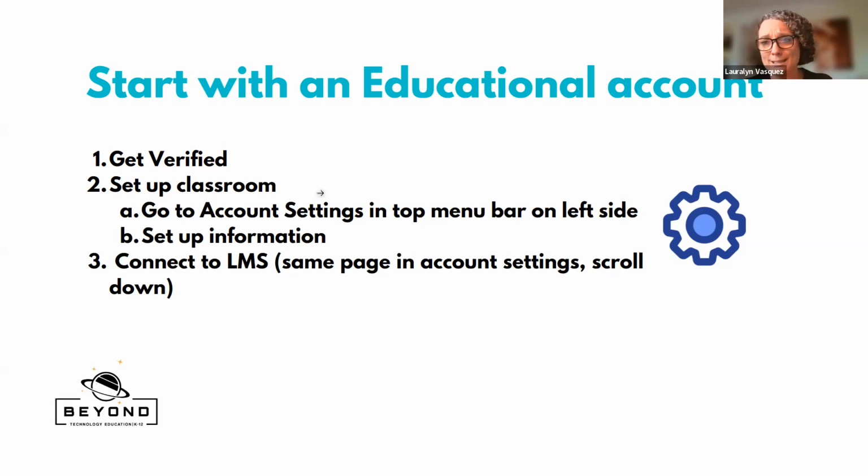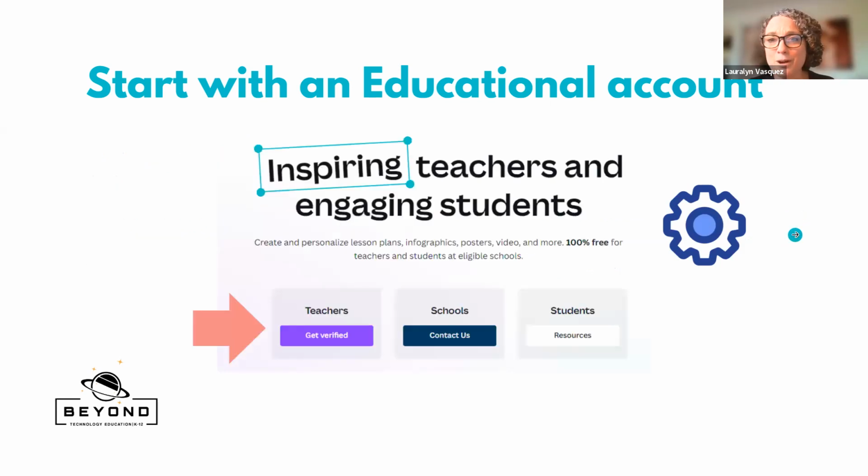You're going to go to account settings at the top and do that, and then connect to your LMS that you have. And that's one of the beauties of Canva, is that it connects right back to it. In fact, put in the chat, what are your LMSs? Google has become the hot one, but we've got Schoology, we've got Canvas. So go ahead and put in your chat, what are your LMSs? That's a great one.